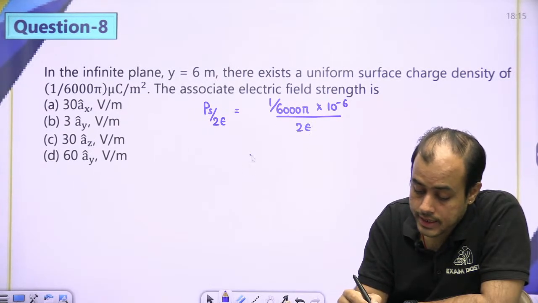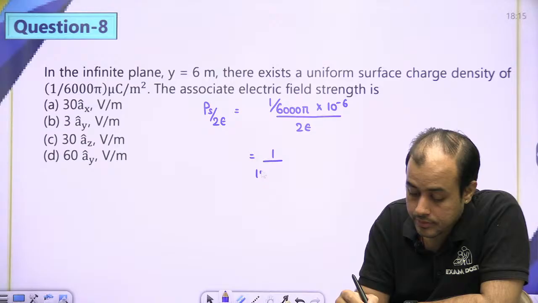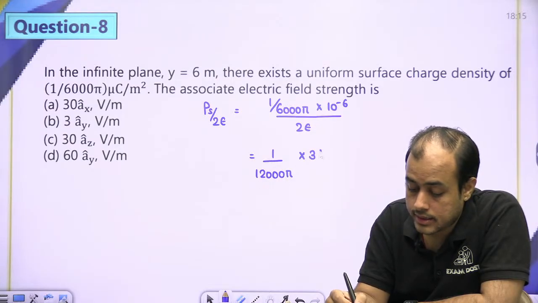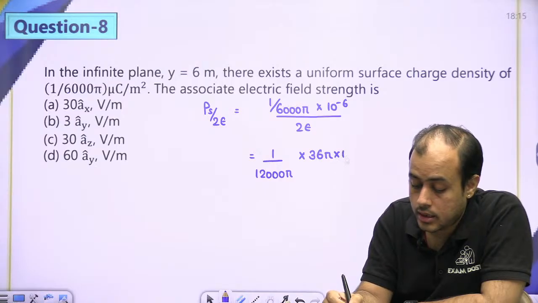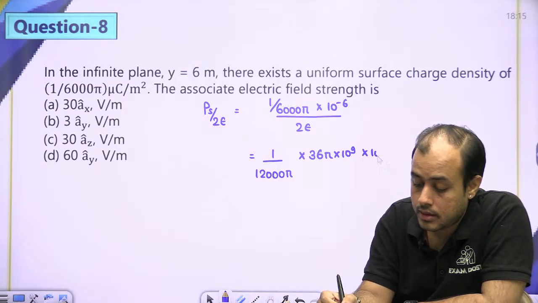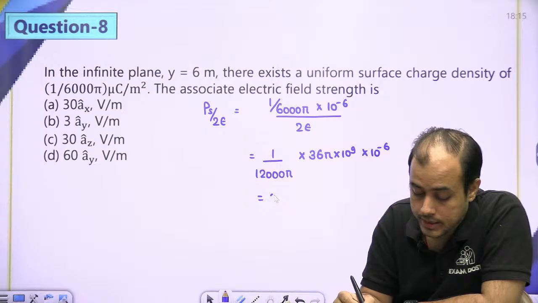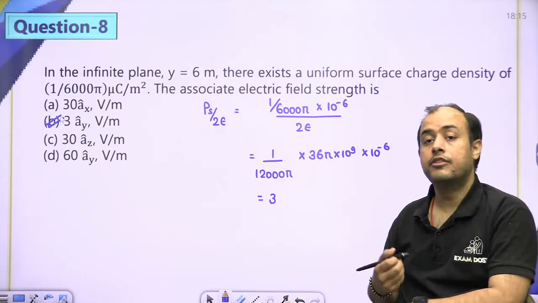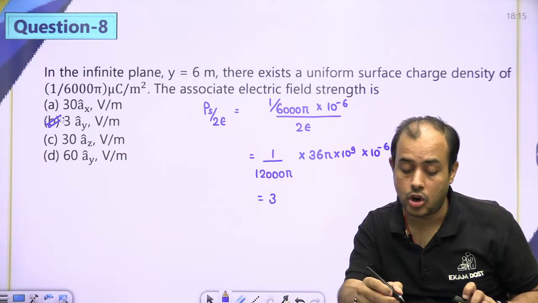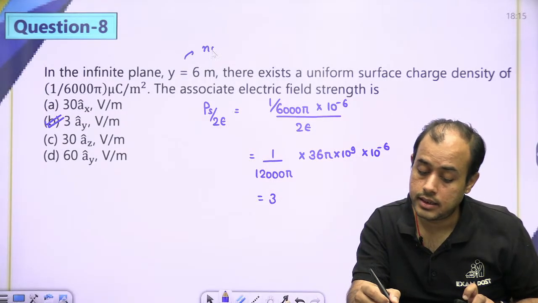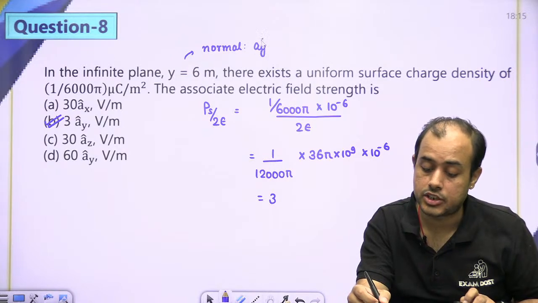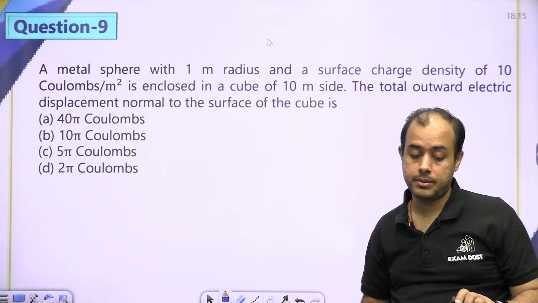Now beta, 1 by epsilon, मैंने उस दिन आपको बताया था ना, what is 1 by epsilon? 36 pi into 10 की power 9. So 36,000 pi, so it is 3 AY. Why AY? Because the normal for an infinite sheet, electric field is in the normal direction, which is AY cap.